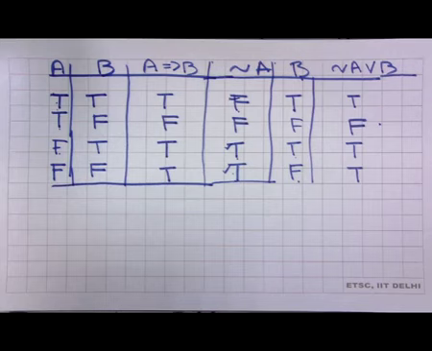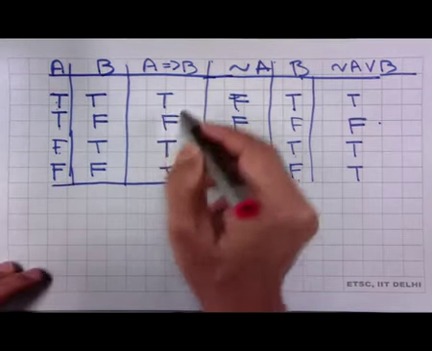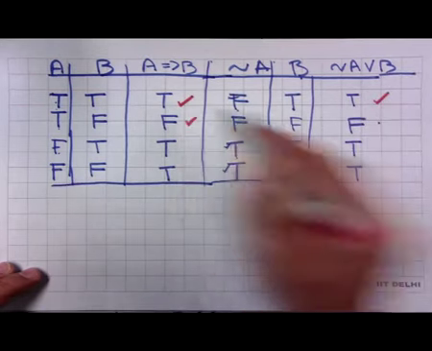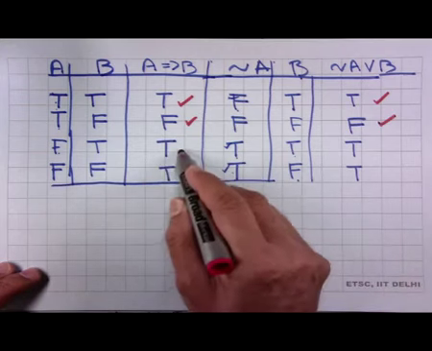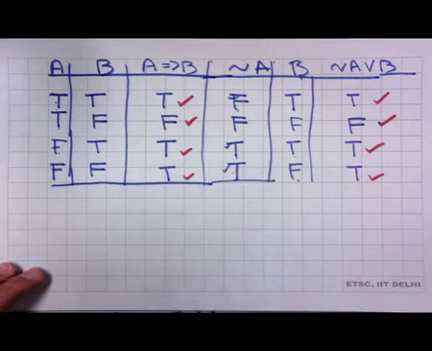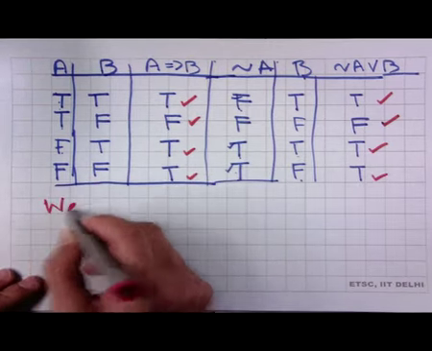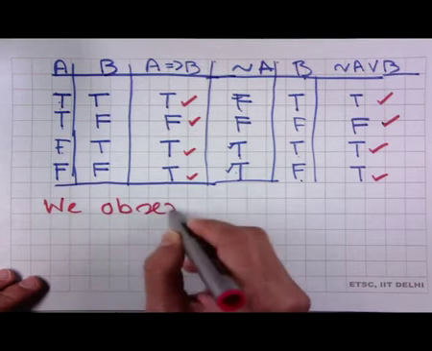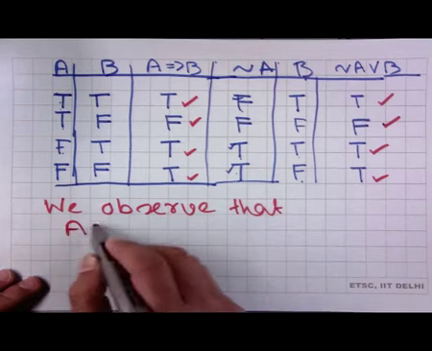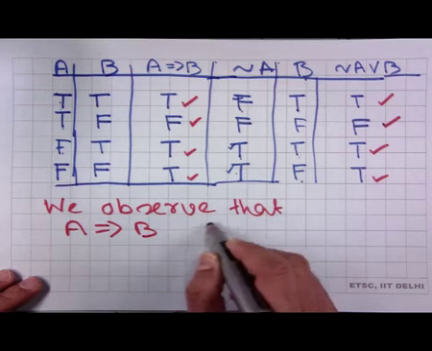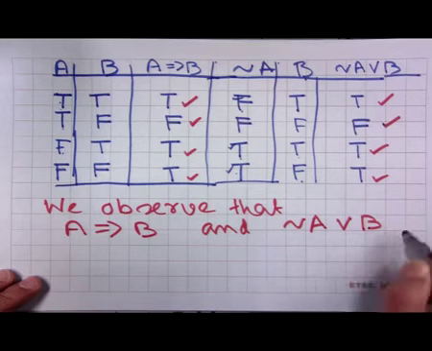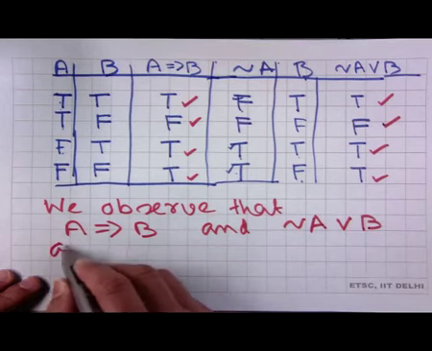Now, let us look at what is the truth value of A implies B. It is true, and not A or B is also true, false, this is also false, here it is true, here also it is true, and here it is true. Therefore, we observe that A implies B and not A or B are equivalent.